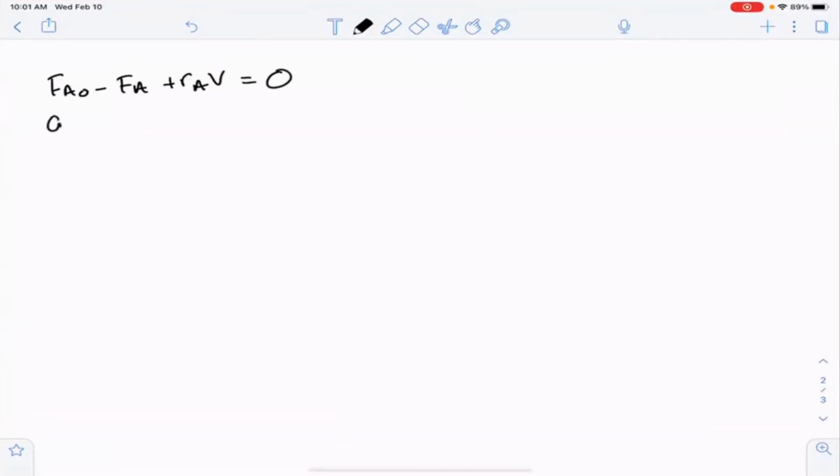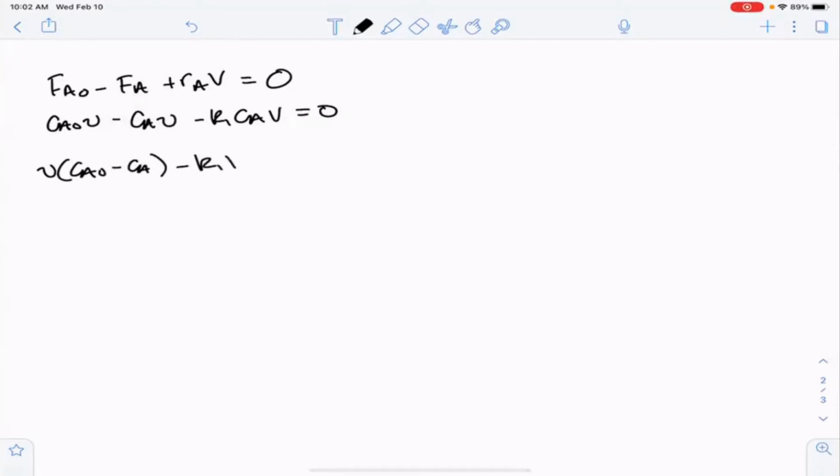And so this is just Ca0 times the volumetric flow rate. It's liquid, so the volumetric flow rate is equal to a constant. So that's also just Ca times V minus K1 times Ca times V was equal to 0. And we simplified this by just combining terms.